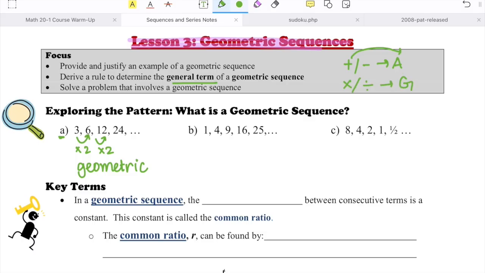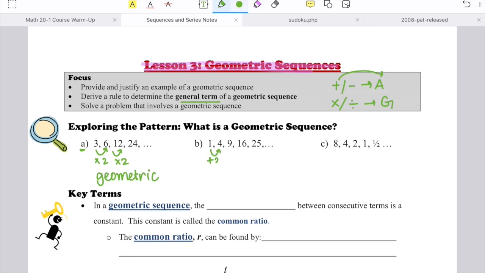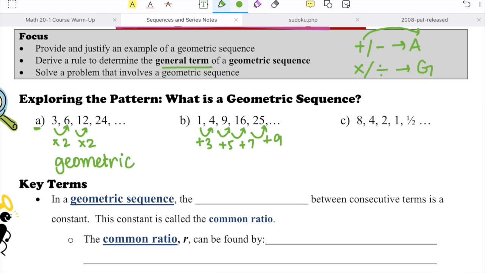So when we look at the next pattern, what is the pattern that's being followed here? Adding 3, this time it's adding 5, then it's adding 7, and then it's adding 9. 25 minus 16 is 9.